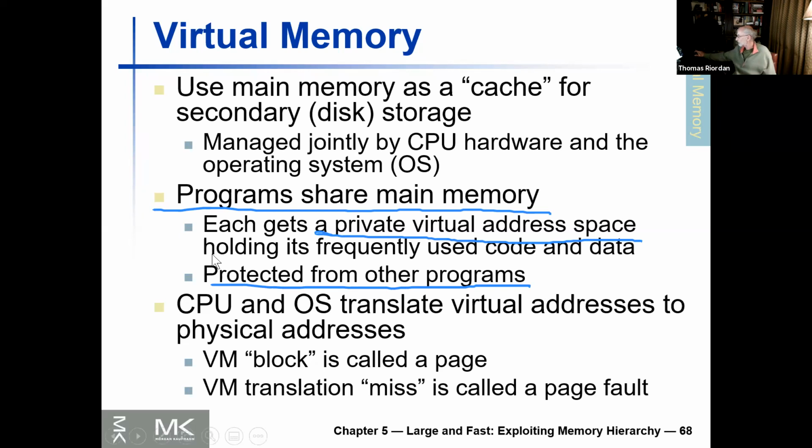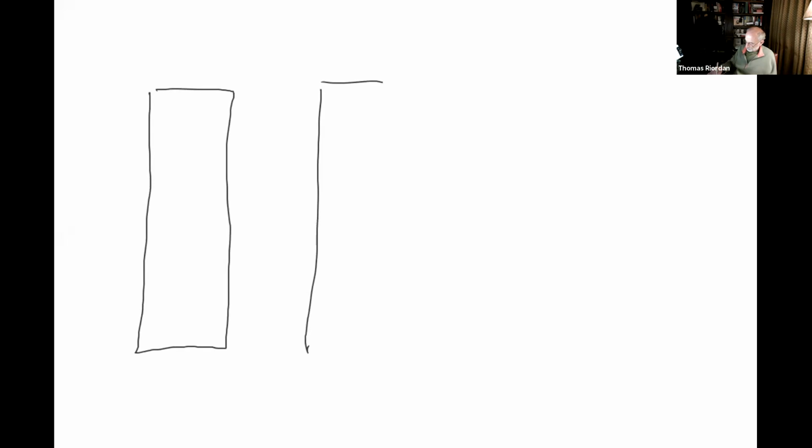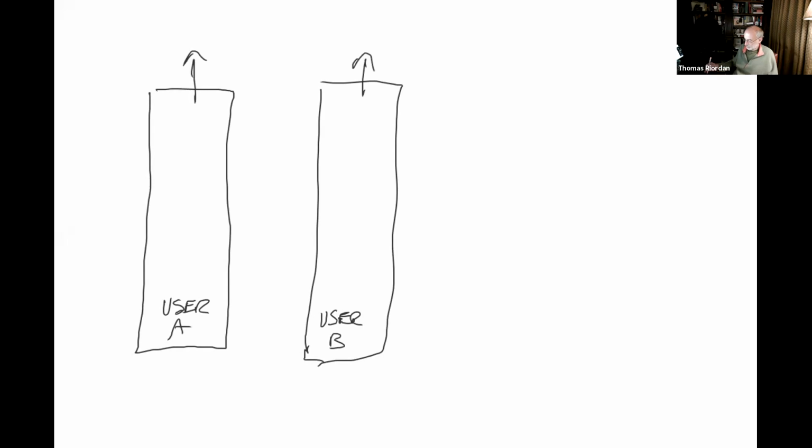So let's just draw a picture of that. Conceptually, we have user A, user B, and each has basically infinite space.